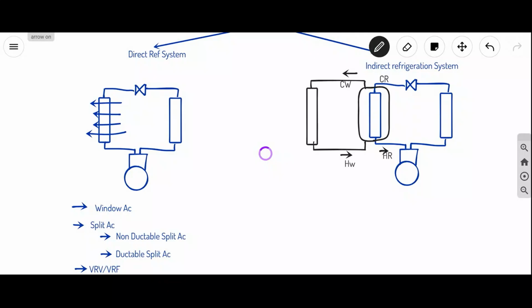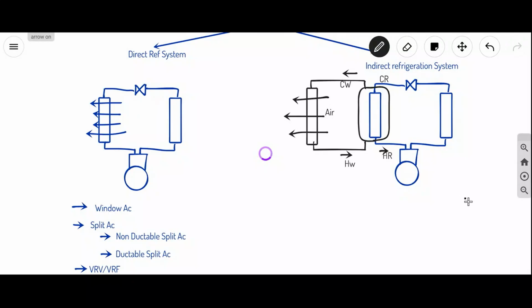Here refrigerant is called primary refrigerant and water is called secondary refrigerant. Now first heat exchange takes place between primary refrigerant and secondary refrigerant. Later heat exchange takes place between water and air, that means secondary refrigerant and air.